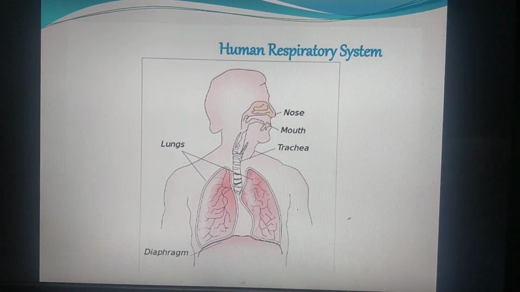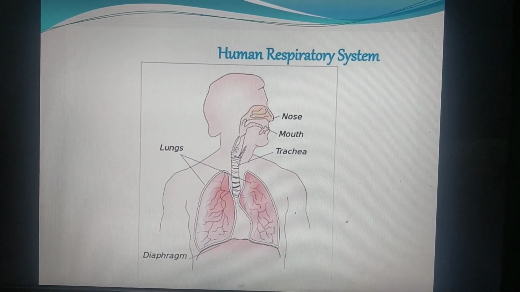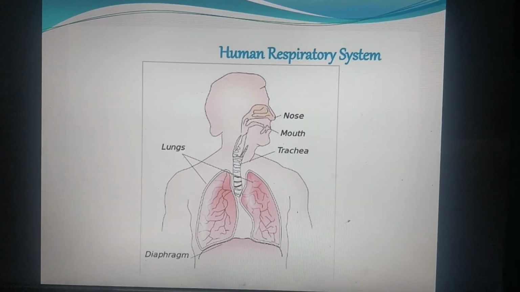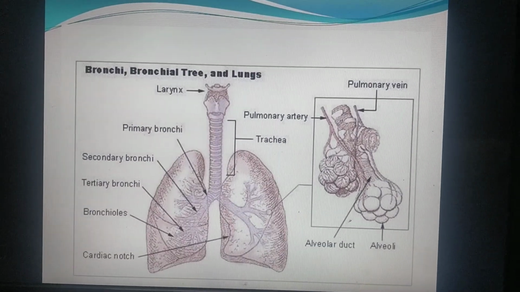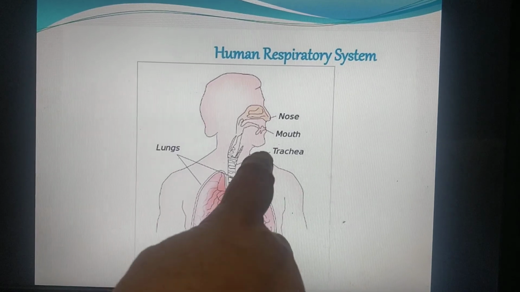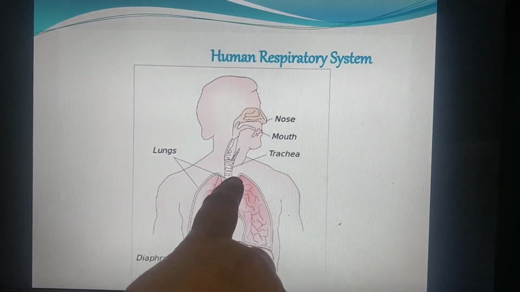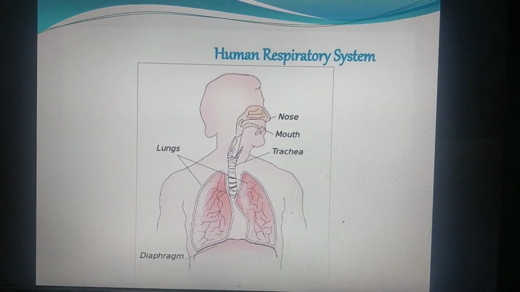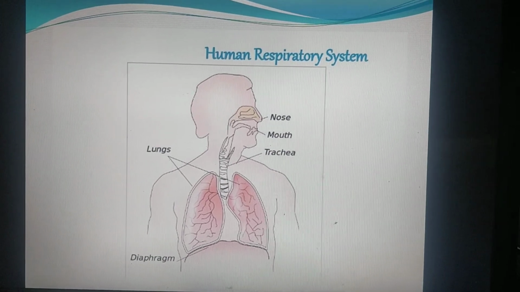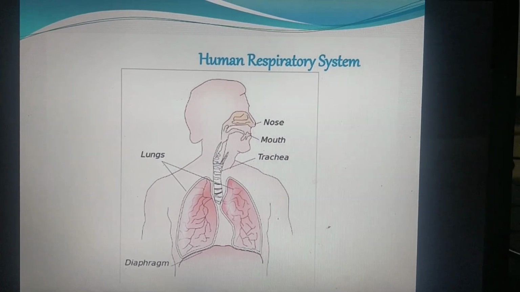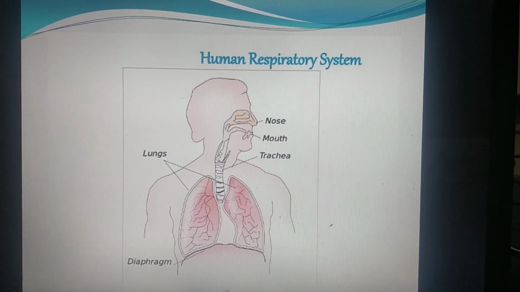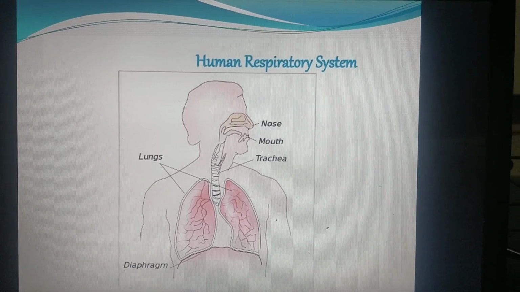Then the air passes through the throat into the trachea and into the lungs.